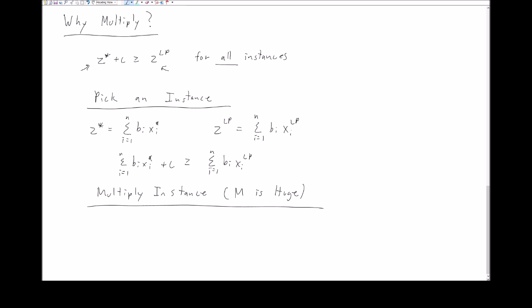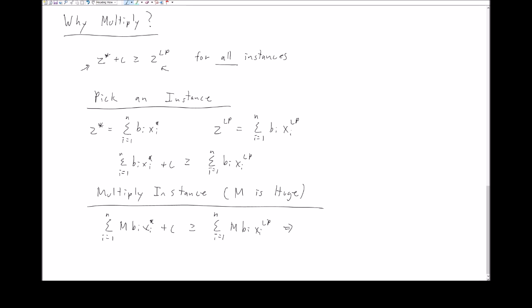This integrality gap, this constant addition, is going to hold for all instances. In particular, it's going to hold for this large multiplied instance. So when we take the sum from i equals 1 to n of capital M times b_i times x_i star, and we add c, we're going to be at least the objective value of the LP for our multiplied instance, which is going to be capital M times the sum of b_i x_i LP.